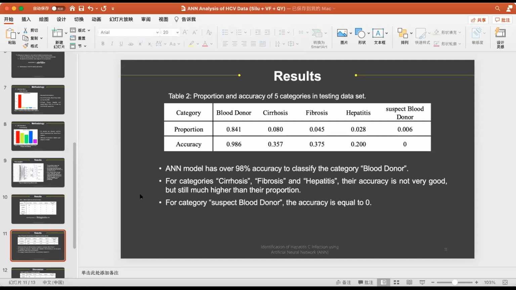Because they are different things: your proportion is computed by dividing over the total, whereas your so-called accuracy here is a conditional probability. Unfortunately, the comparison is not on an equal footing. You can fix that.